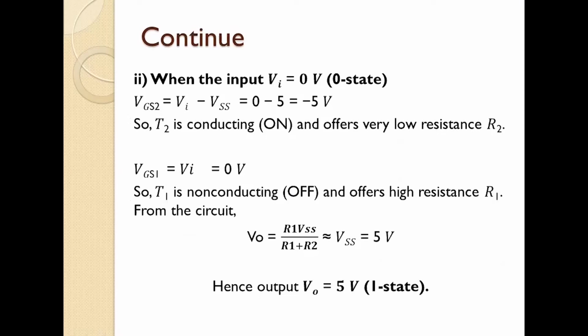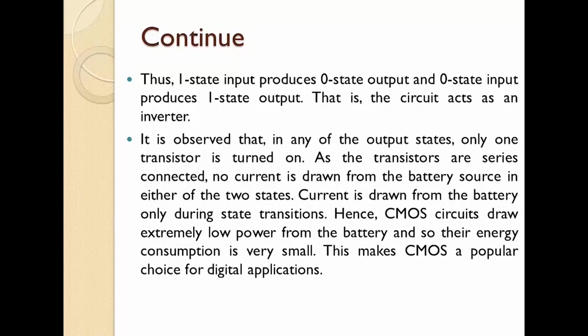The main application of your CMOS is the CMOS inverter circuit. Using CMOS, how it becomes an inverter. That's why that is called CMOS inverter. And one more very important point: it is observed that in any of the output states, if you apply Vi equal to 5 volt, your PMOS is off, your NMOS will be on.